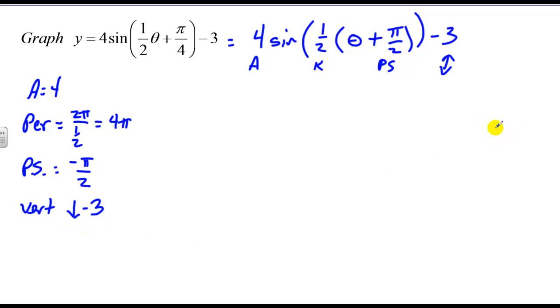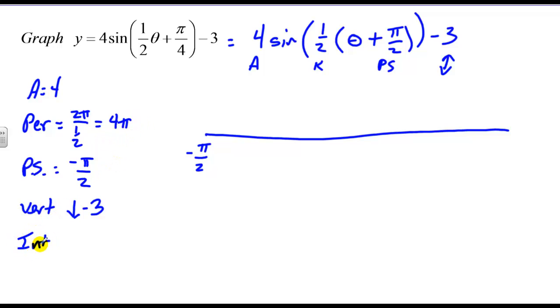So let's go ahead and do this. I'm going to back up pi over 2. Notice my interval in this case, I didn't write, I better do that. My interval is pi. So if I change that to halves, that's 2 pi over 2.